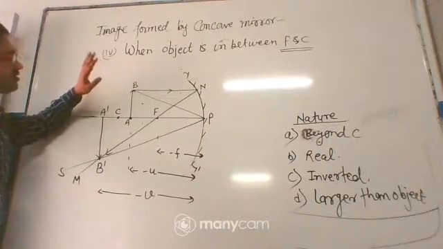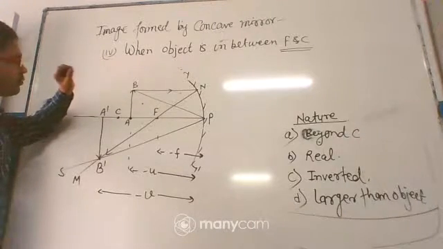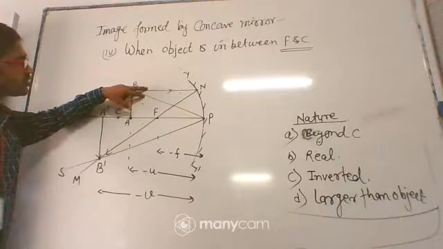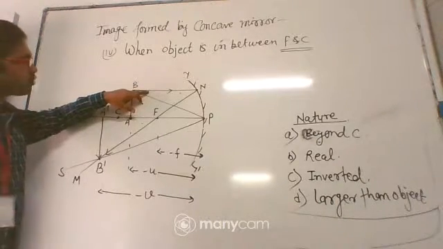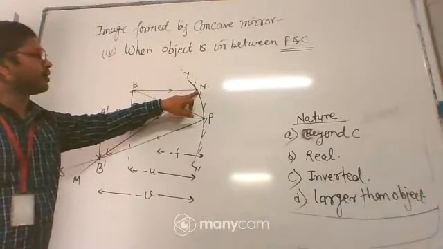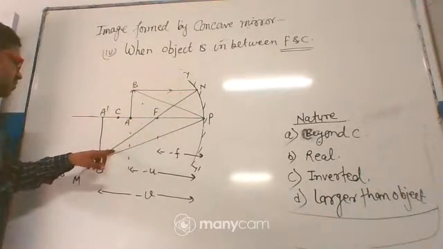In all these cases, you can see that one of the most interesting parts is that we are always choosing these two rays. One of them is parallel to the principal axis and reflected from some point and passing through the focus.